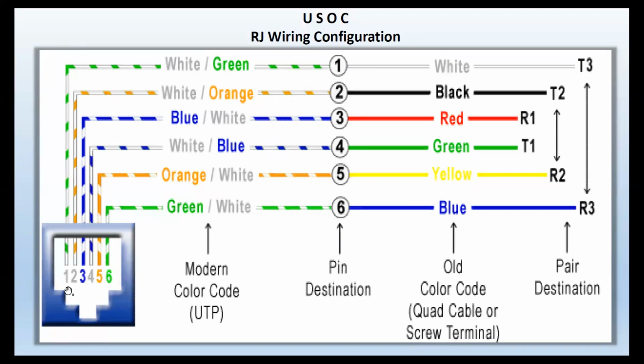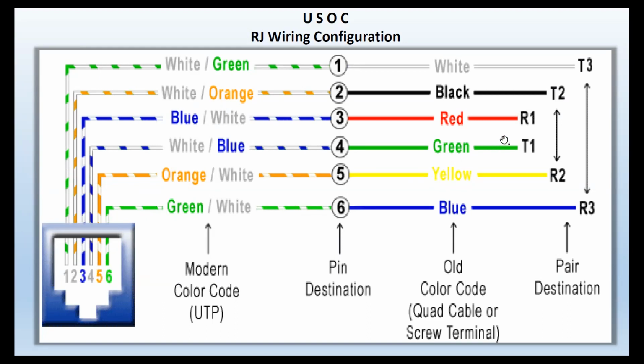Here's how we count the pins: 1, 2, 3, 4, 5, 6, from left to right. How do we count the pairs? Using the USOC configuration. Pair 1 is in the middle, pair 2 is outwards, and pair 3 is even more outwards. So you just travel outwards, and this is how we count the pairs.